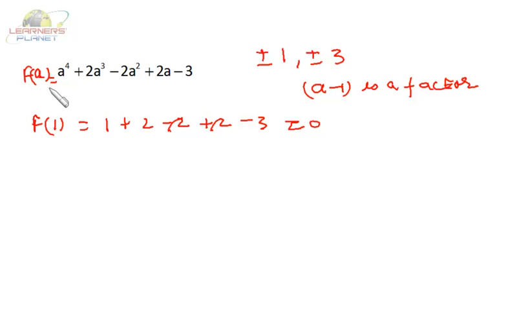Now let's put a is equal to minus 1. So f of minus 1 is equal to 1 minus 2 minus 2 minus 2 minus 3. So we are not getting 0. That means a plus 1 is not a factor. Now let's put the value of a as 3.